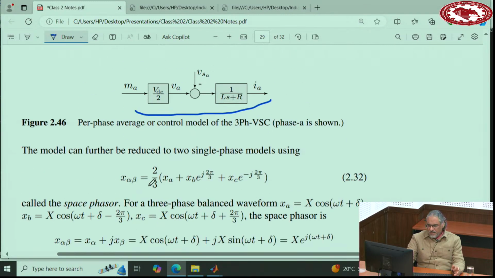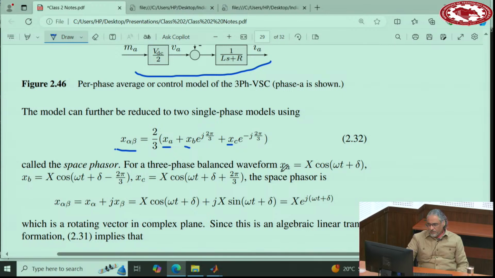So there is a mathematics behind that. For every signal A and B and C, this is to define alpha beta. So alpha beta now is a complex signal, you can say, which has a real part and an imaginary part.